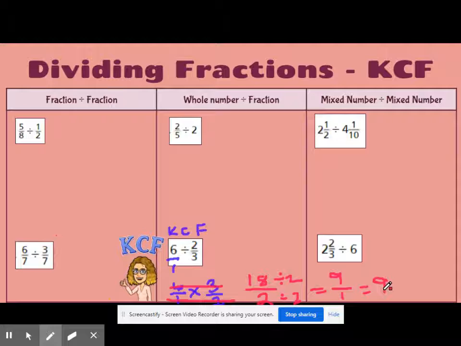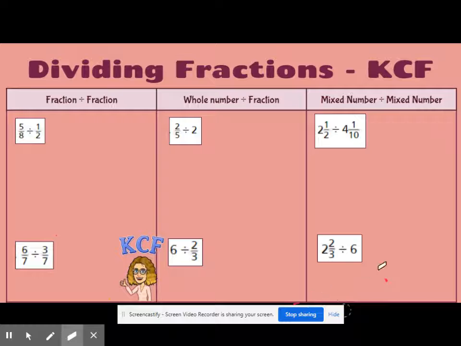9 wholes. Okay, now those were simpler problems because they dealt with simple fractions. Now we're going to get into the more complicated problems that deal with mixed numbers. Remember you can't multiply or divide with a mixed number. First, you're going to have to make it mad. So we can't work out any problem with mixed numbers.